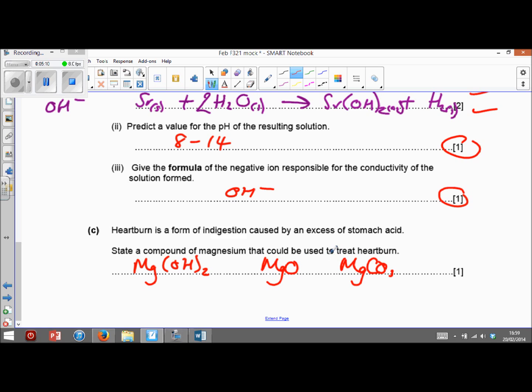You could have any of them for a mark. But again, if you're not sure of the formulas, write it out, okay? Write out magnesium hydroxide, because you could lose marks for doing the incorrect formula.